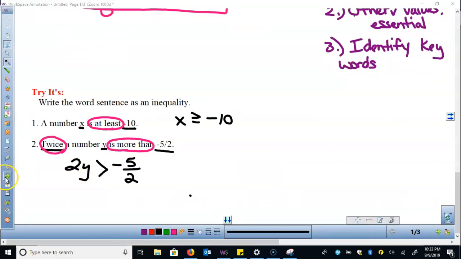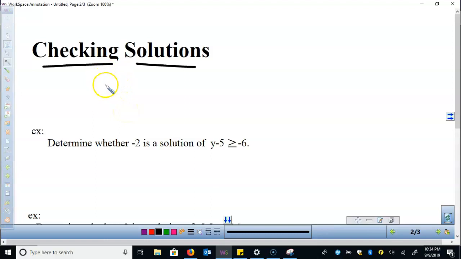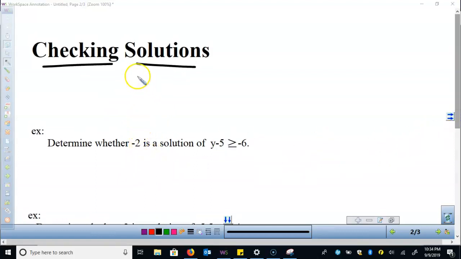Next thing we're going to discuss about inequalities is how we might use our knowledge of inequalities to check possible solutions or solution sets. Now, inequalities have multiple possibilities, sometimes infinitely many answers. We use what's called a solution set to represent all of the possible answers. So we're going to start off basic on these, not using a solution set at all, but keep that in mind.